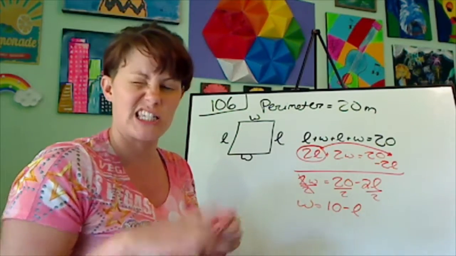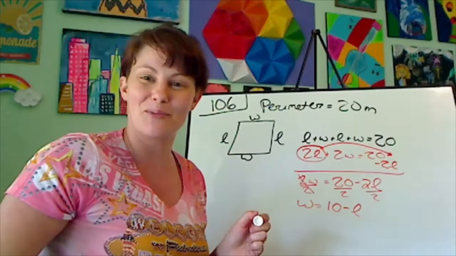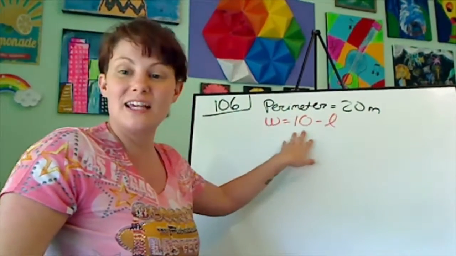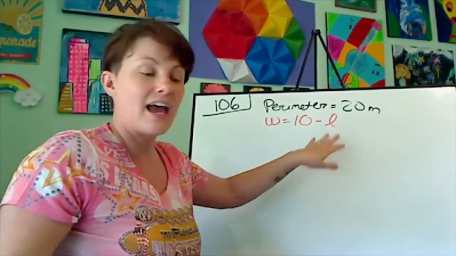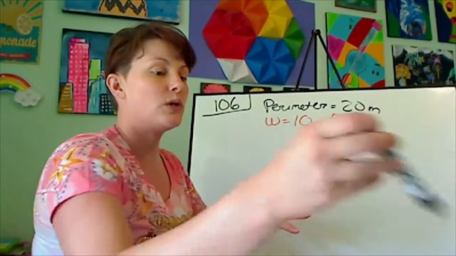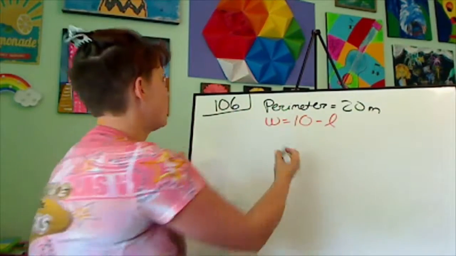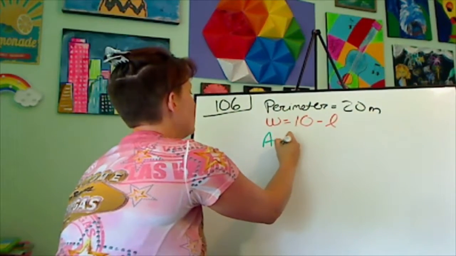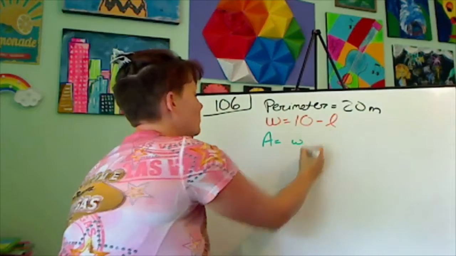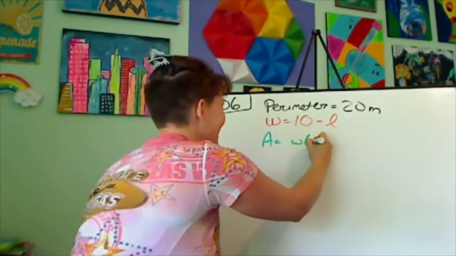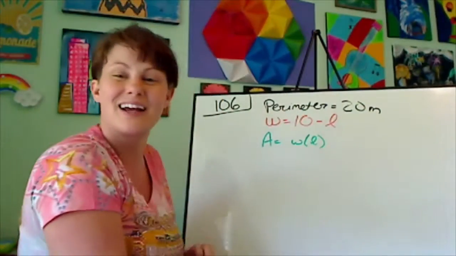But give me just a second to erase my board. So the width equals 10 minus the length. And now what we want to do is figure out the area of this rectangle. So we know that area is width times length, or length times width, depending on how you say it.